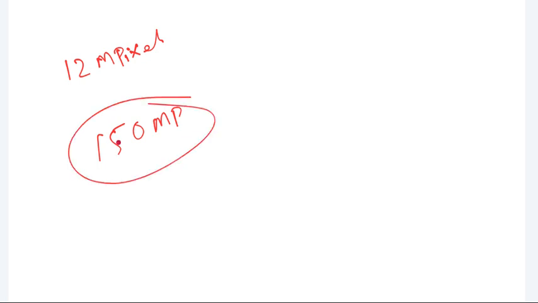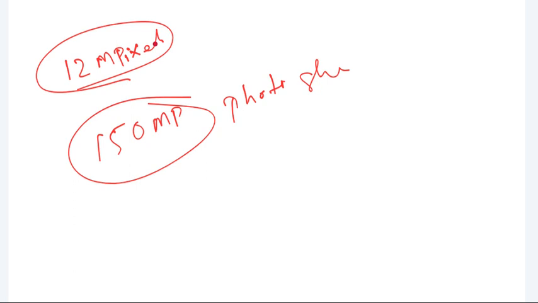It is higher in megapixels, but why is this there? Pixels are much more, so the photo should be good, no? The photo should be good, but the Apple 12 megapixel gives a very good photo. Sensor issue. What is the sensor issue?